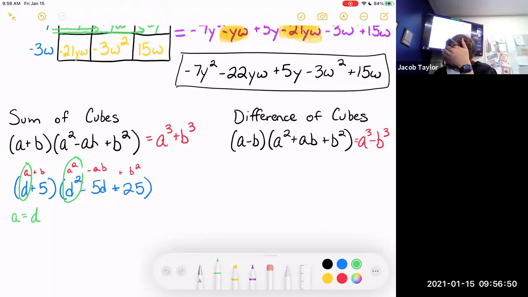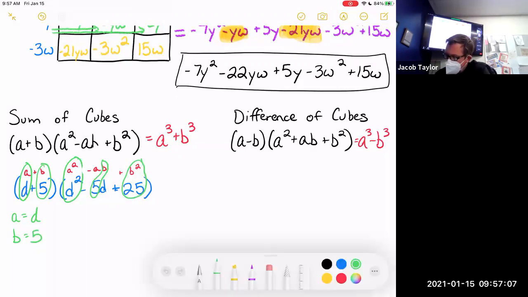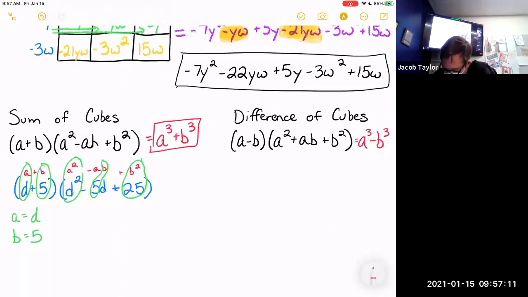So a is equal to d. B is equal to, no, numbers. Which number specifically? 5. So to get the solution to this, I can take the a cubed plus b cubed. What if they're not on the same row?